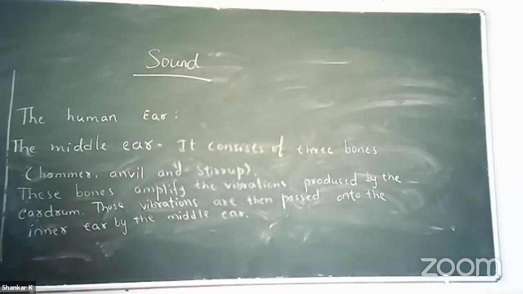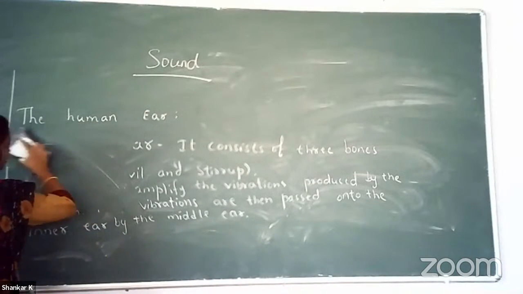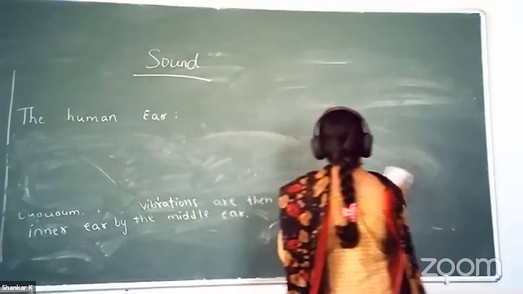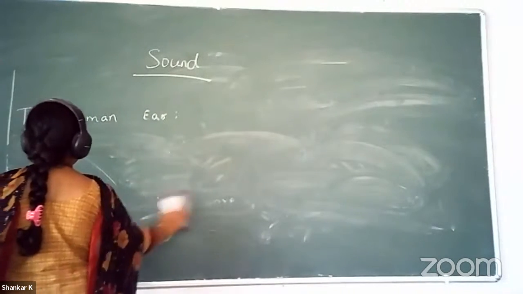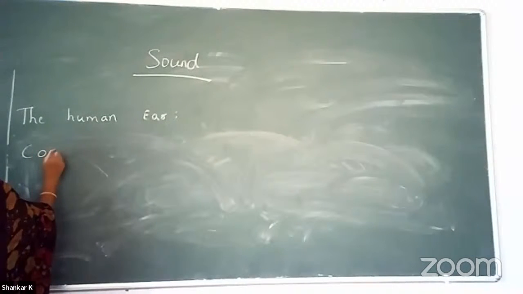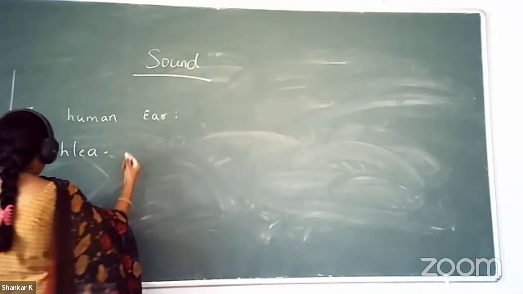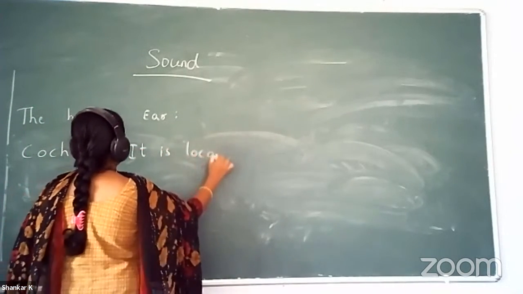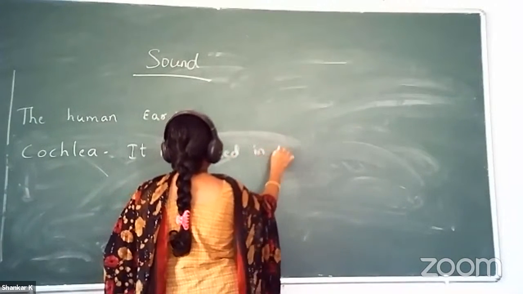The last one is the cochlea. It is located in the inner ear.